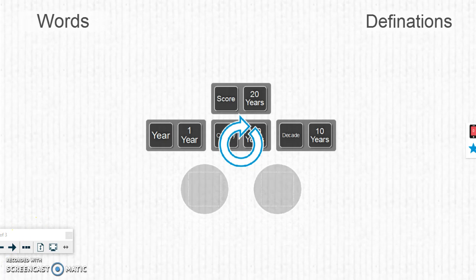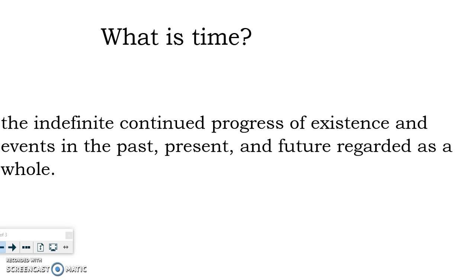Let's go back and review. It's the continued progress of existence and events in the past, present, and future regarded as a whole. And we talked about the 4 different types that we covered.